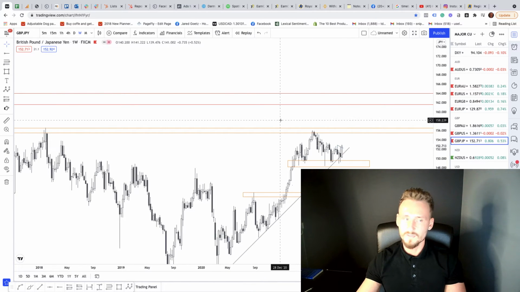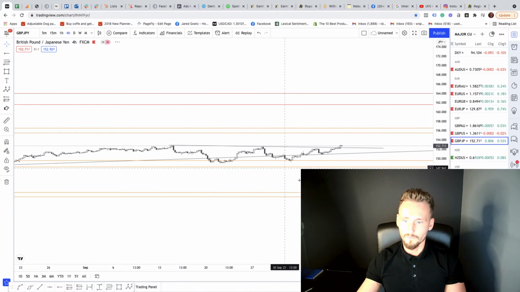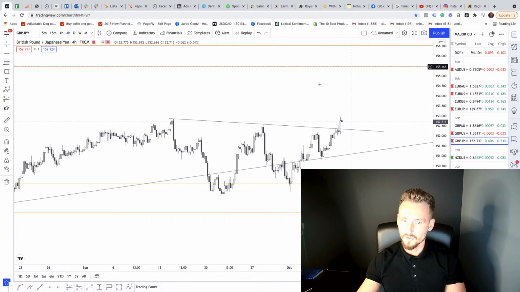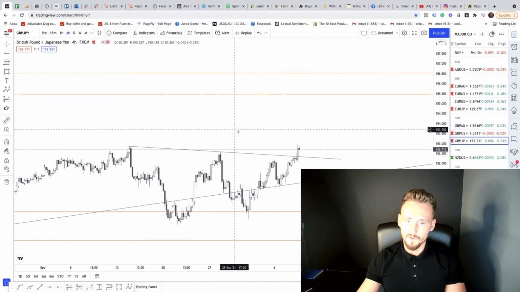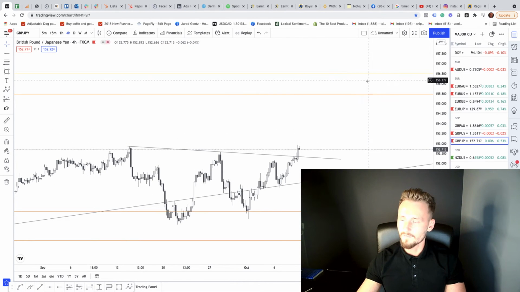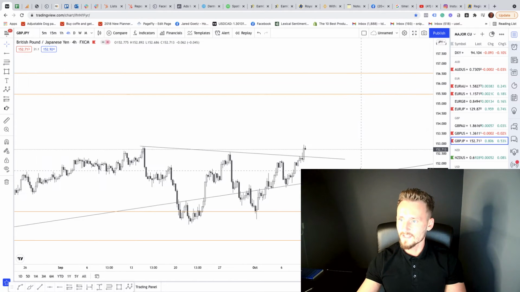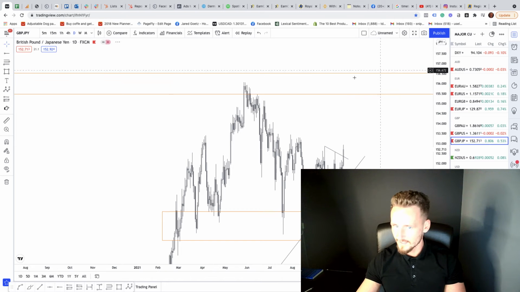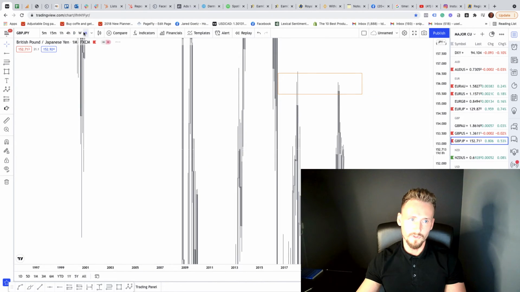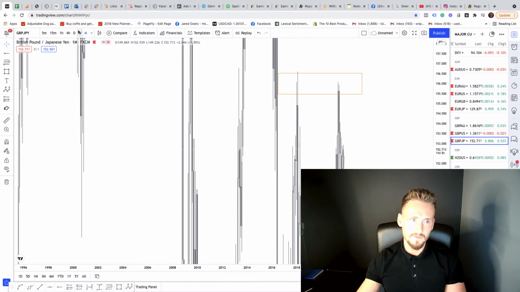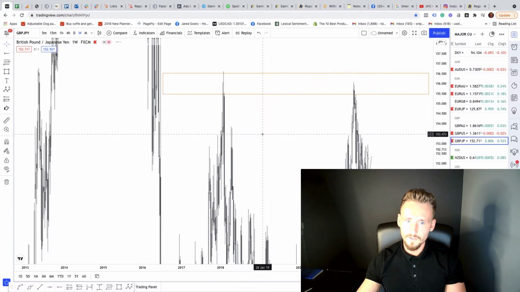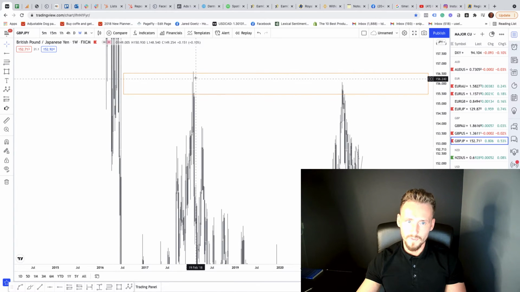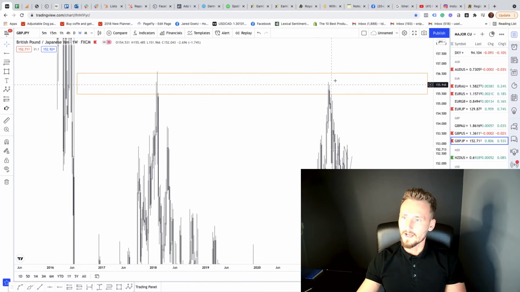We had broken that small trend line that you see on the 4 hour here just on that Friday. I think we are going to then get a big push up, maybe retrace a little bit, and then find some legs to go to that 156 handle, smack bang in the middle of this orange piece of resistance that you can see here. If we go to the monthly, or maybe even the weekly, you'll be able to see it's from the top of this wick to the top of this wick, so it's a nice area of liquidity where the market has respected.